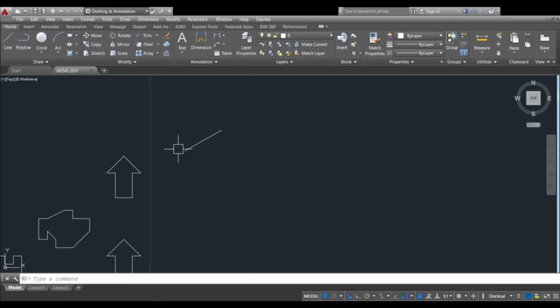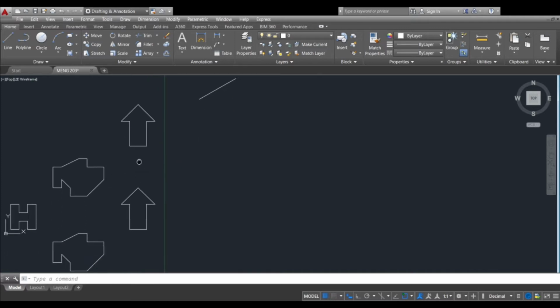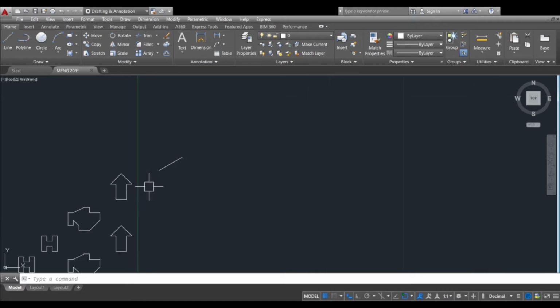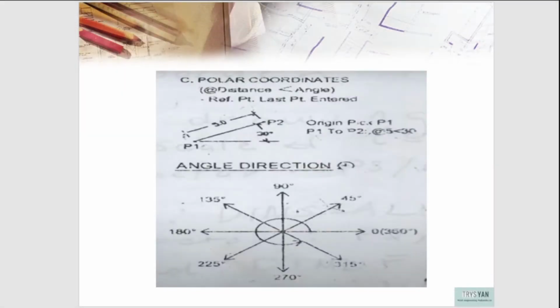This is the AutoCAD drawing that we have made from our last lessons. Let's go back. As you can see, we have here the direction of the angle. Think of it as a protractor. The right direction is always 0.